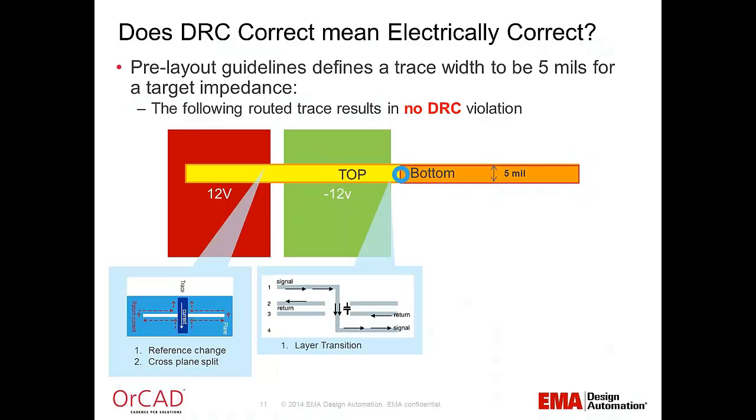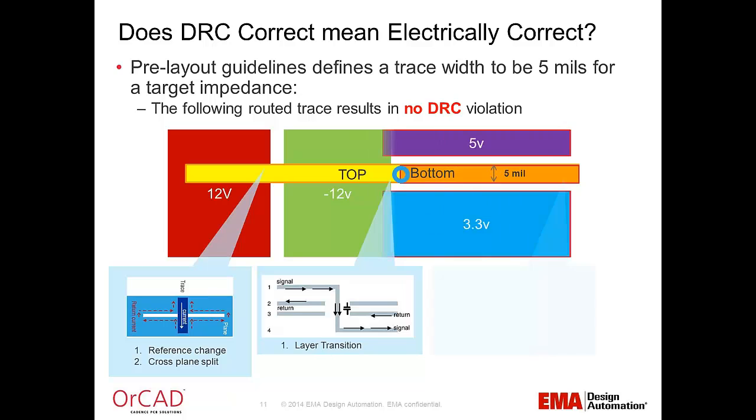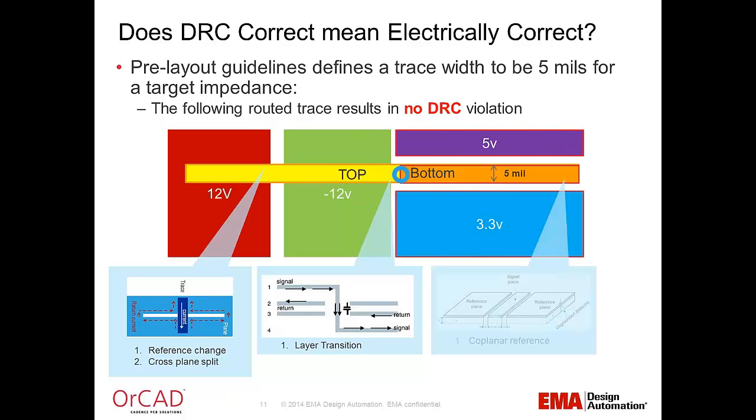Let's say that trace also goes from the top layer down to the bottom layer through a via. And then it also continues, and maybe there are a couple of split plane, coplanar issues on that particular bottom layer that it goes between as well. So each one of these situations, across the power planes, the transition down to the bottom of the board, and then the coplanar reference issues, cause certain situations that DRC doesn't really see very well.